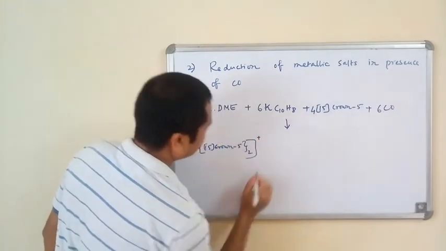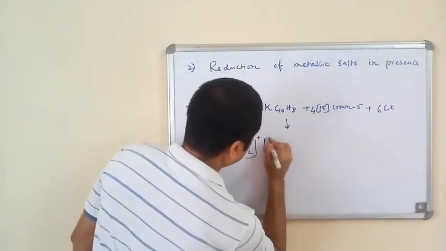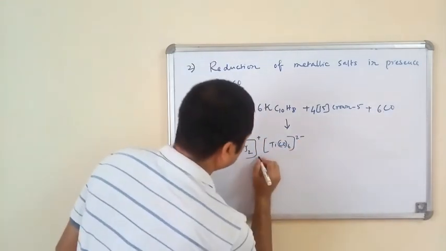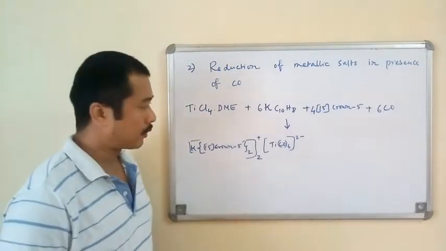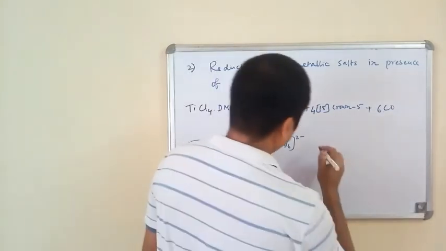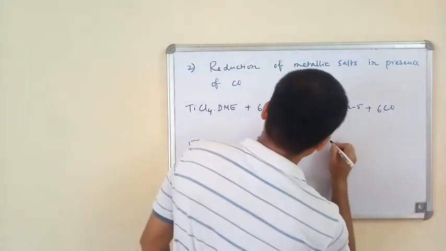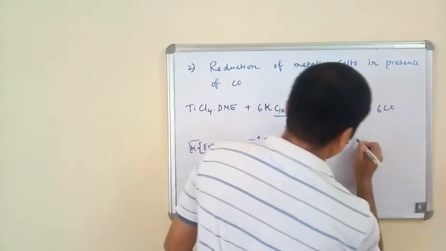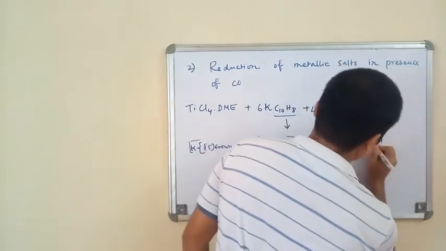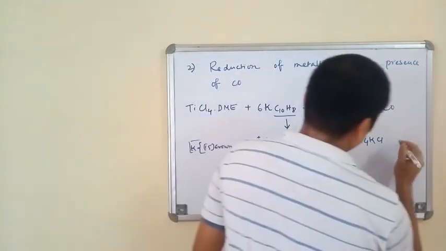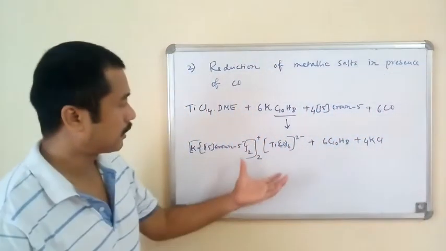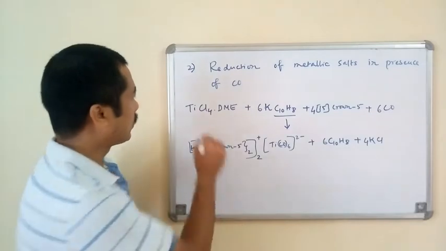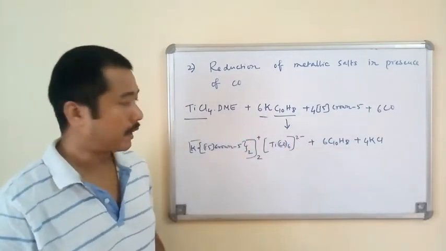This is positively charged, and the Ti(CO)6 is 2 negative, so you need 2 of these positive countercation complex ions, and this will come out of the potassium. And 4 of the potassium will form KCl. So this is how the reaction proceeds and gives us titanium hexacarbonyl 2 negative after reduction of TiCl4 by the potassium metal.